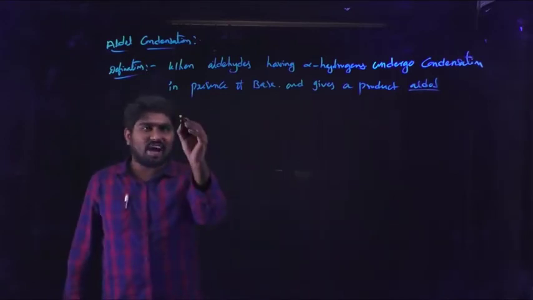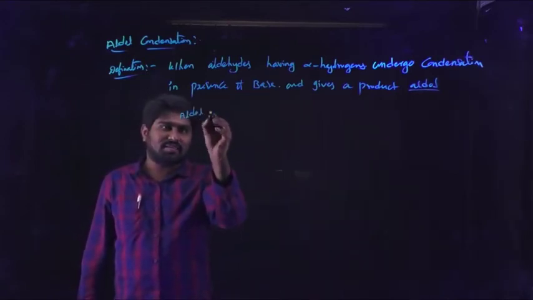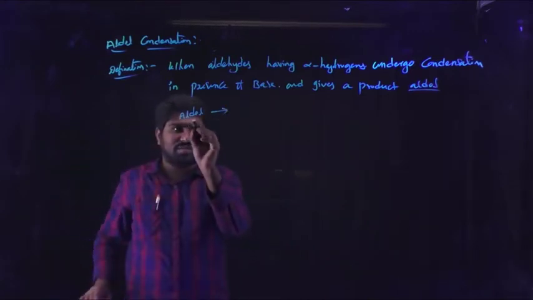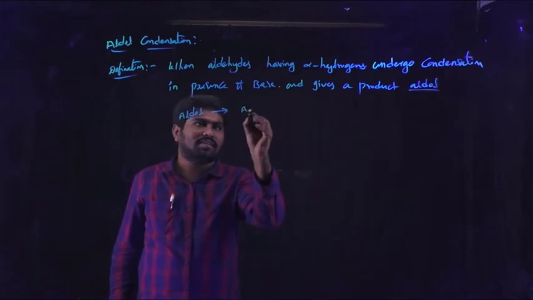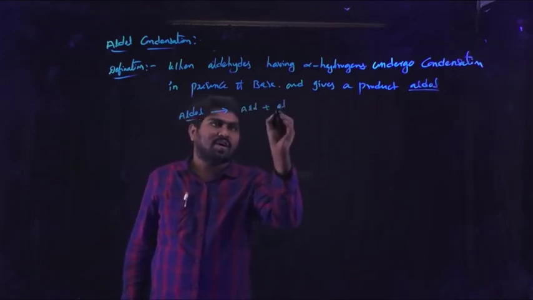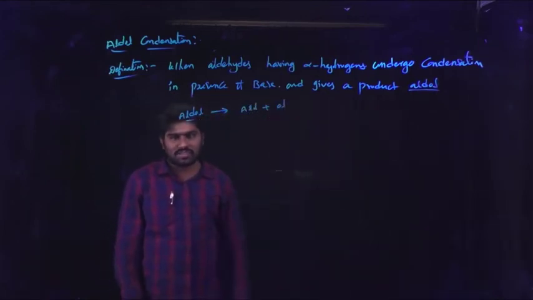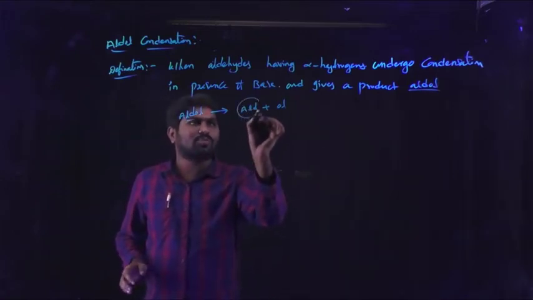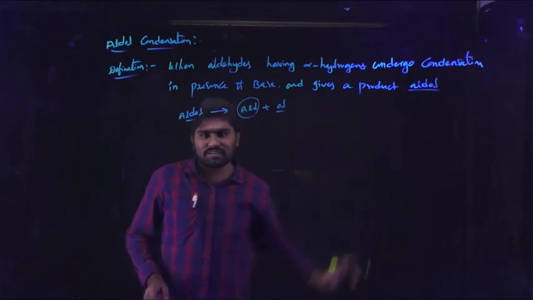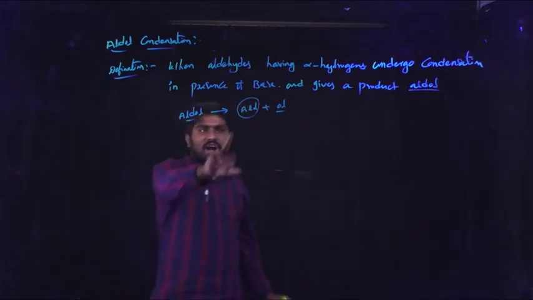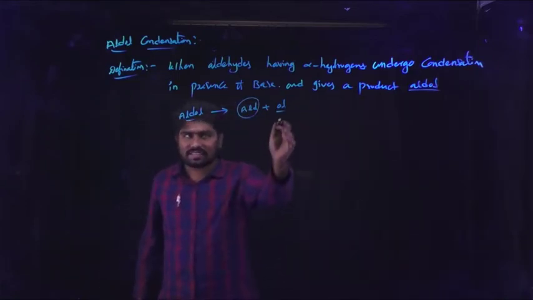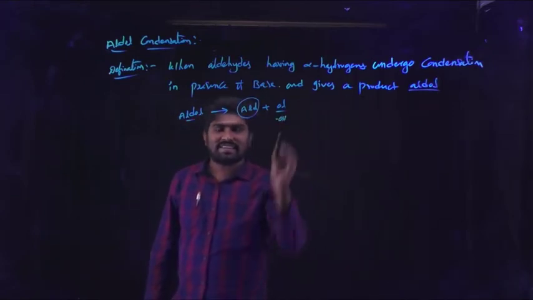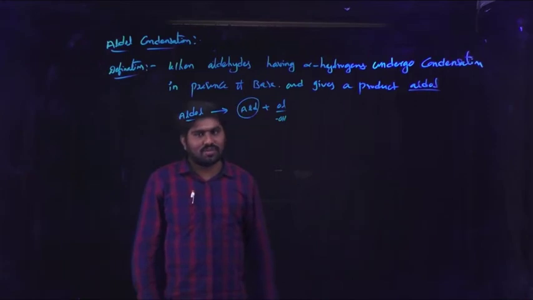So what is aldol? Just look at the name of the product: ald plus ol. The compound which is having aldehyde functional group as well as OH functional group. We already read the IUPAC names of organic compounds.